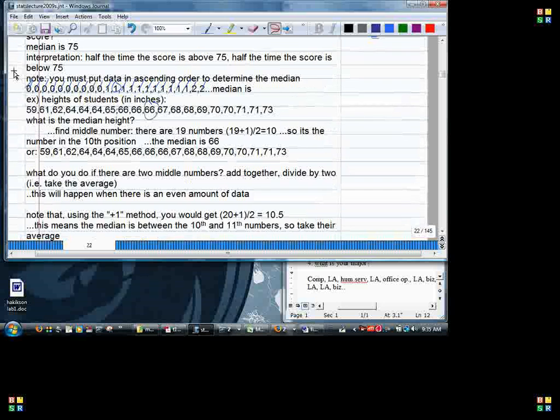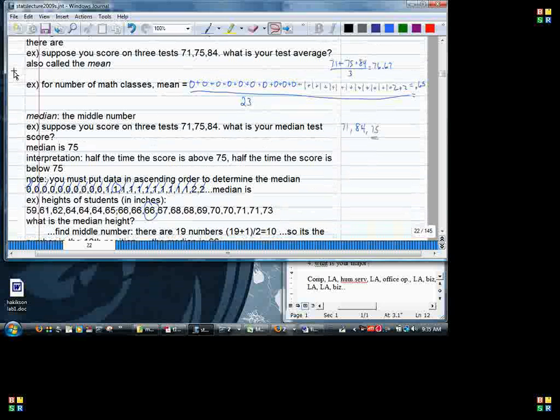For example, first let's look at our class number of math classes. What was the mode there? 1. The mode was 1. There were 10 zeros, 11 ones, and 2 twos. The mode is 1. What about for the heights, what's the mode?